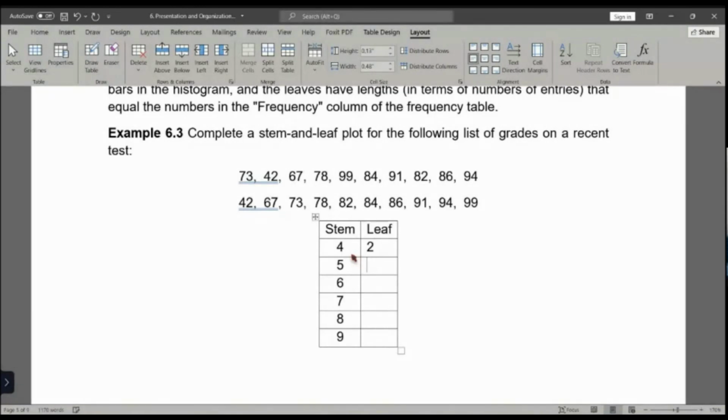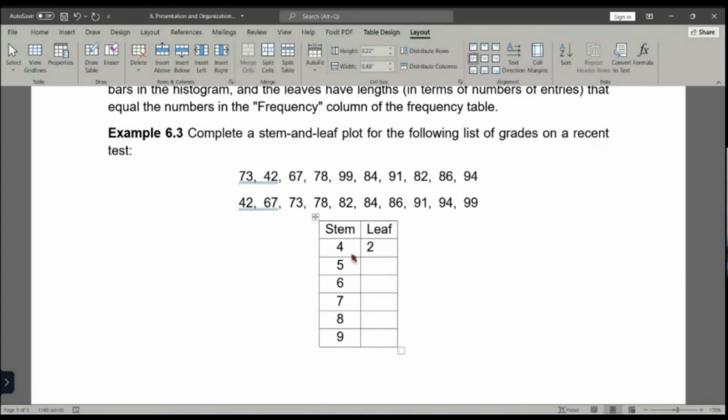Okay? Just leave this stem blank. Kasi ang tendency kapag nilagay nyo 0, then there is a data there. There is a 50 dun sa distribution natin, but there is none. So let us just leave stem 5 or 50s blank.